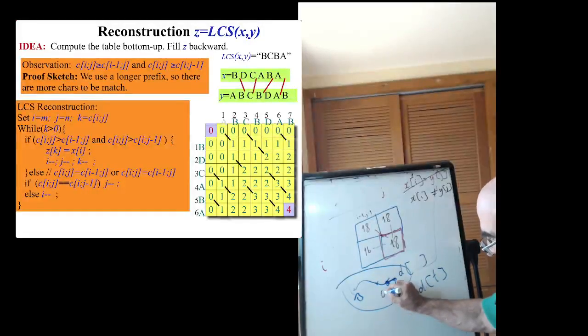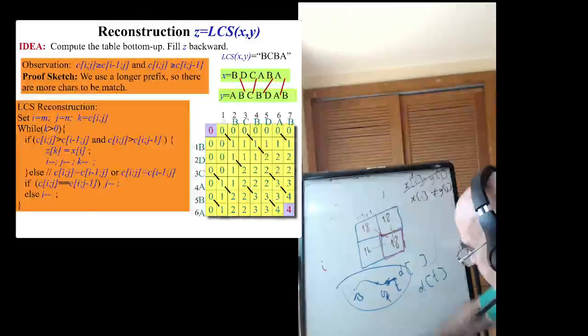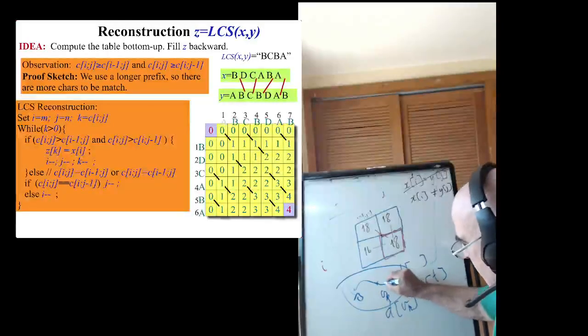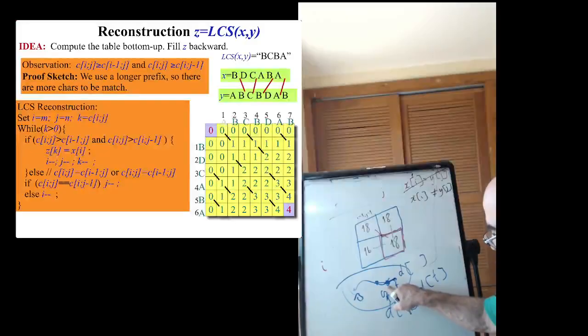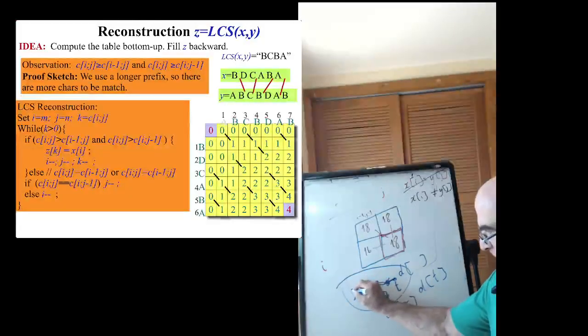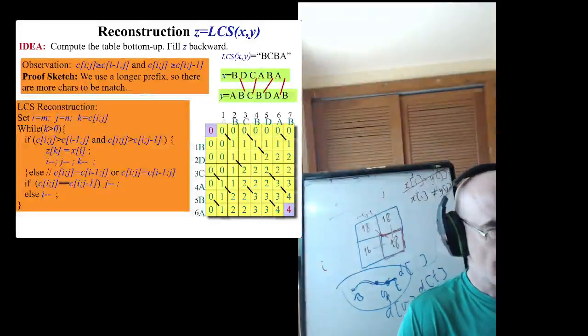Let's call it v of k. Who gave v of k its value? Which vertex gave d of v k its current value? That's just the preceding vertex along the shortest path, and I can find my way all the way back to t. You had homework questions about it.